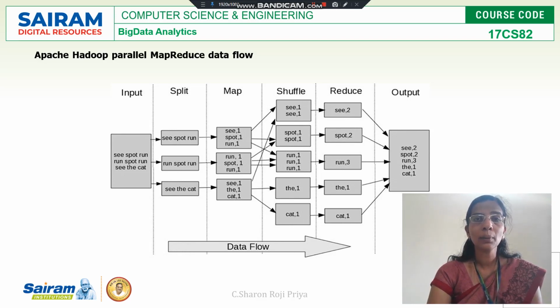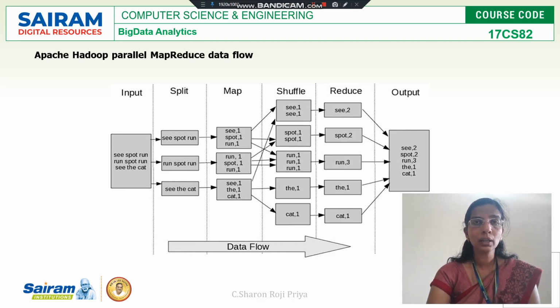I said this combiner step is optional. It comes between the map step and the shuffle step. In the combiner step, I can combine. Take the second split here: I have two instances of run, so here you can combine them into run, 2. If you want, you can do that.